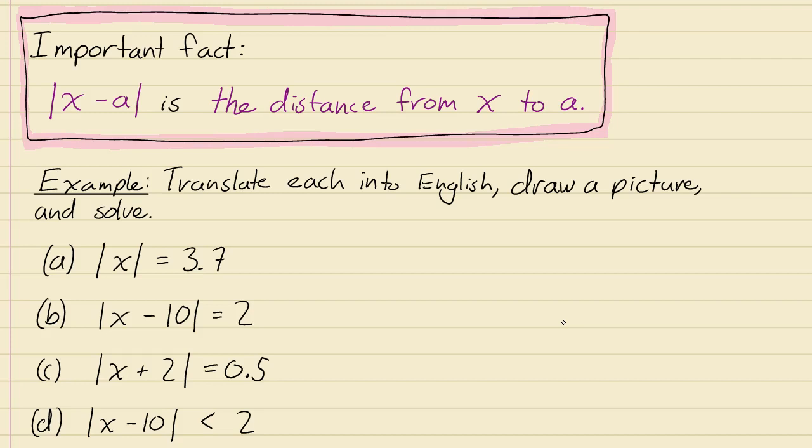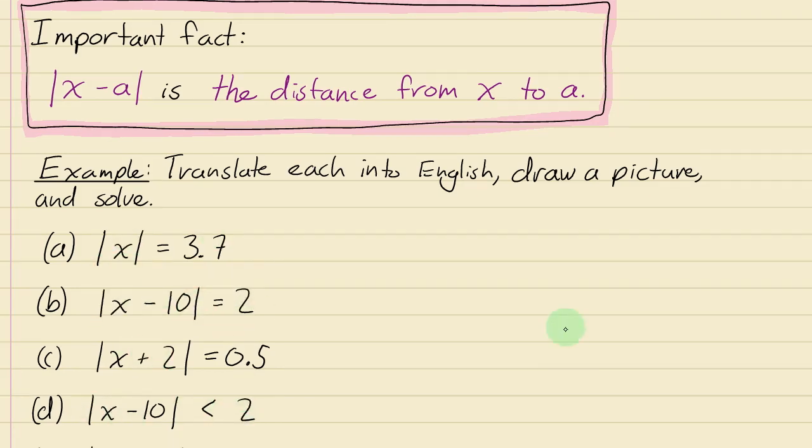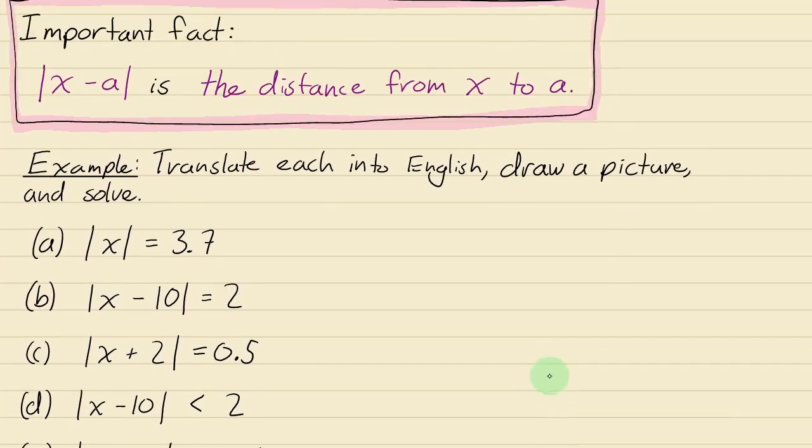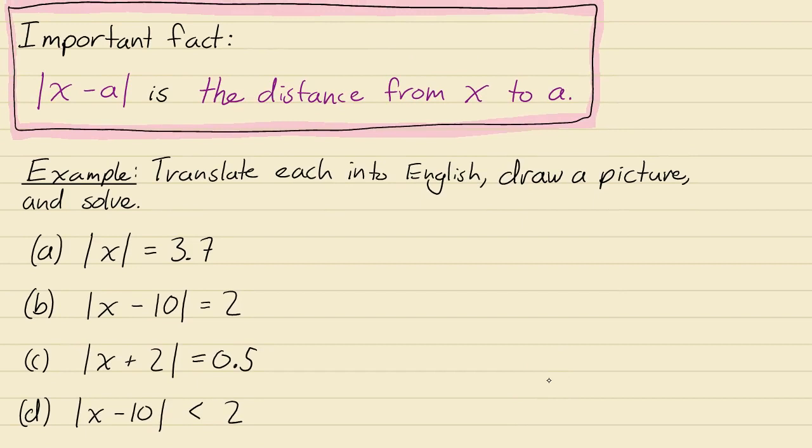So understanding how to go between the mathematical equations or inequalities like these, there's actually a few more here, and write it in English or see what it looks like as a picture is a useful skill. So you might get the idea after I just do a couple of these.